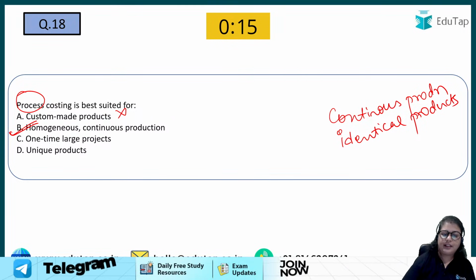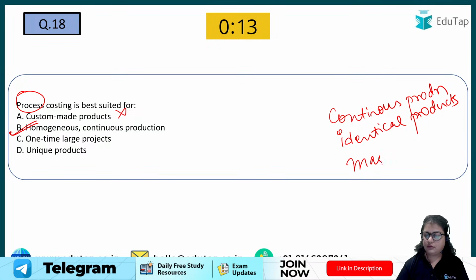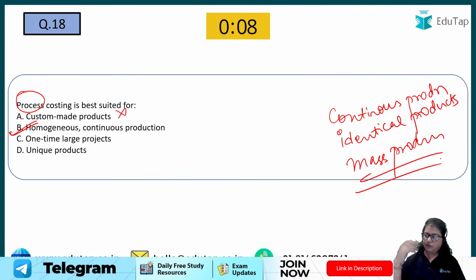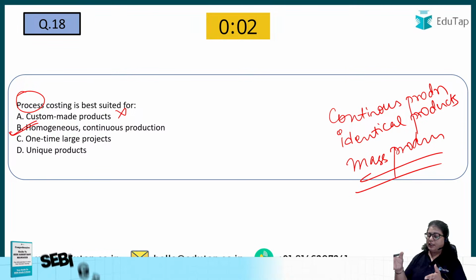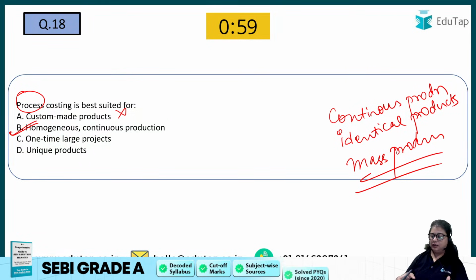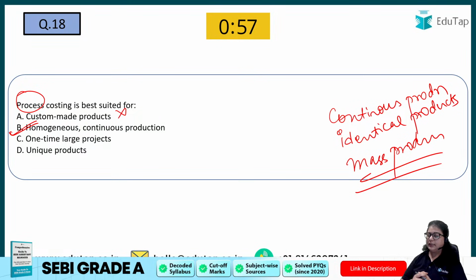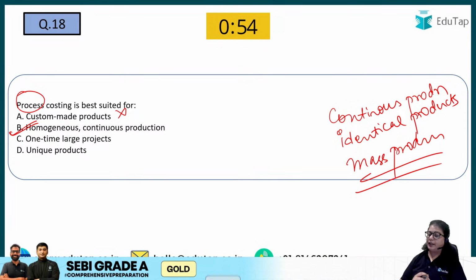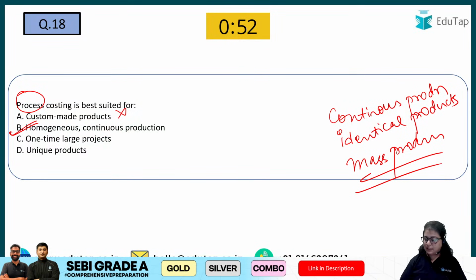There is one more feature, that is mass production. That means in larger quantities we make these products. For example, bricks can also be a part of process costing, because there is a process involved. When I have to find out the cost per unit of a brick, I'll follow unit costing. But when I need to find out the cost of one process to make that brick, I'll follow process costing.